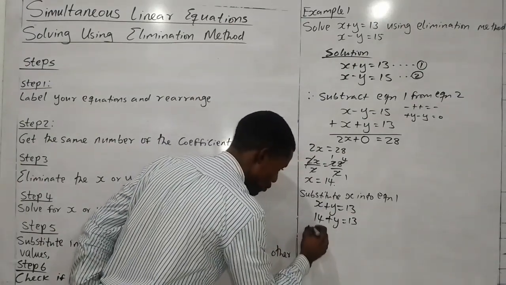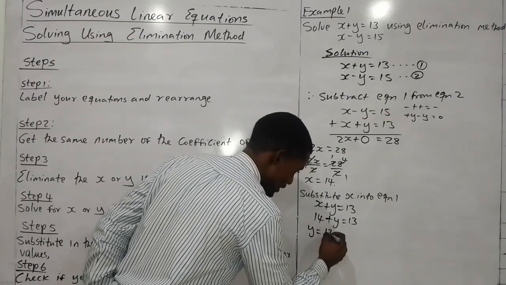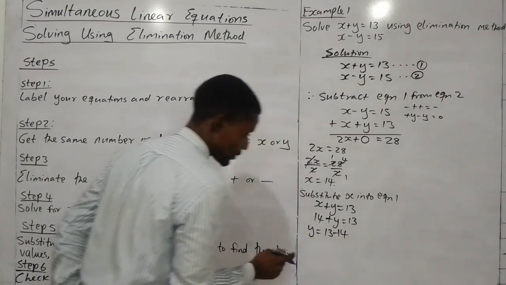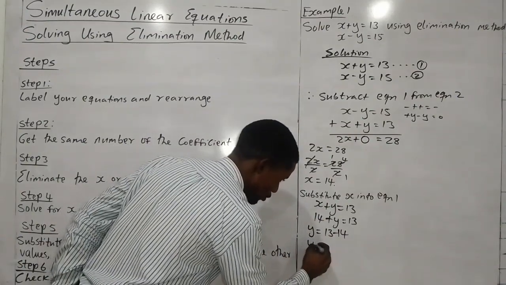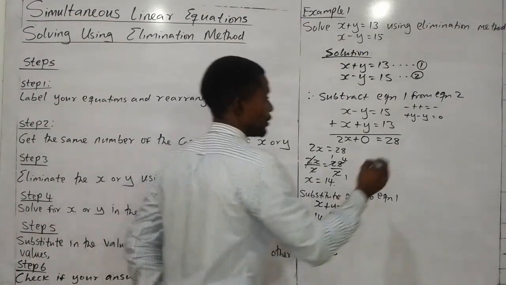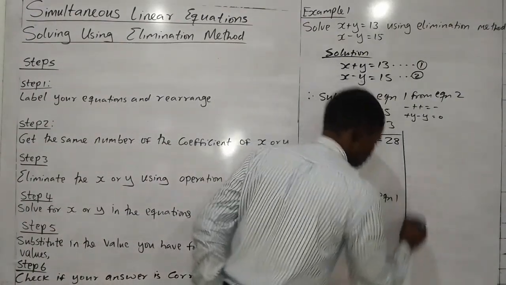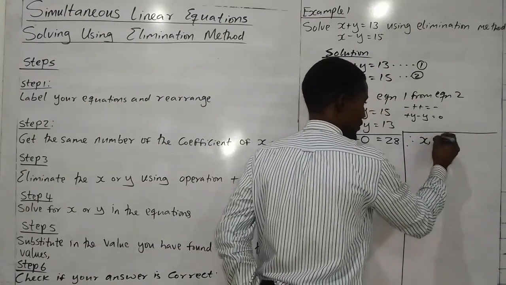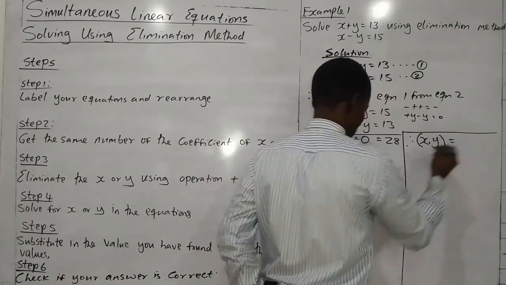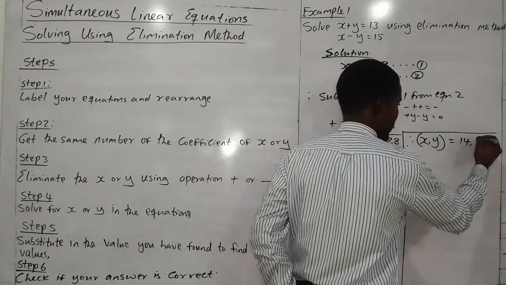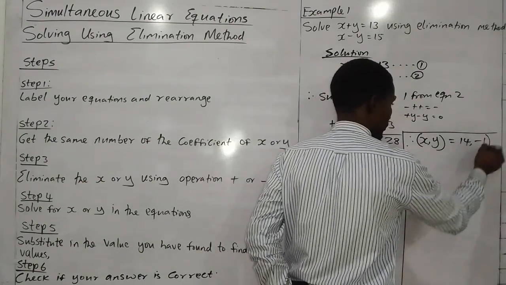So I have y equals 13 minus 14. So y will be equal to minus 1. Now, I'll say therefore x, y equals, my x is 14 and my y is minus 1.